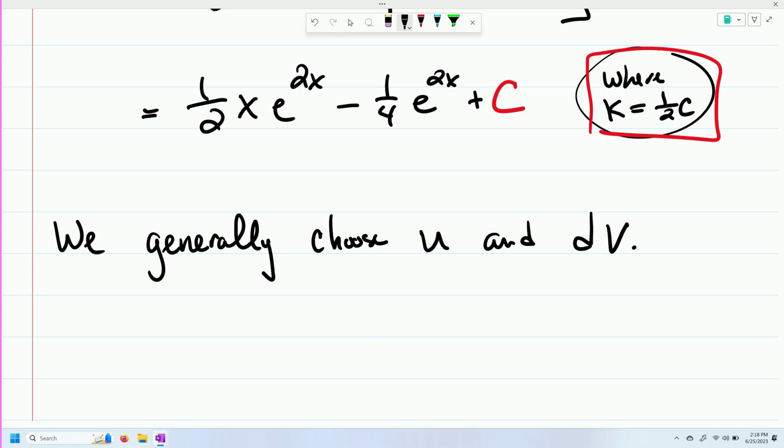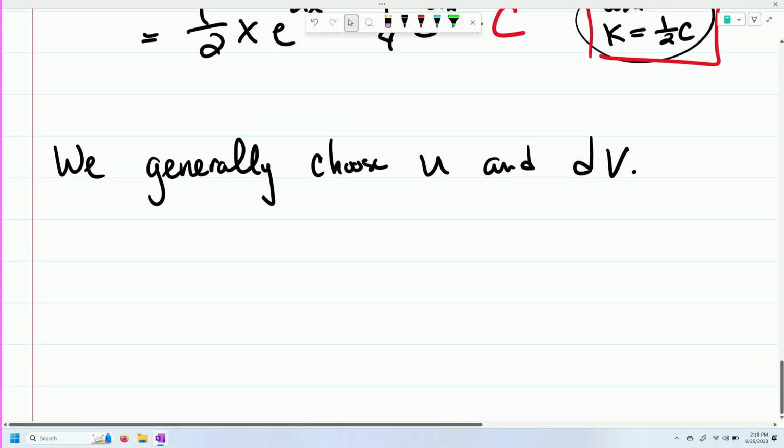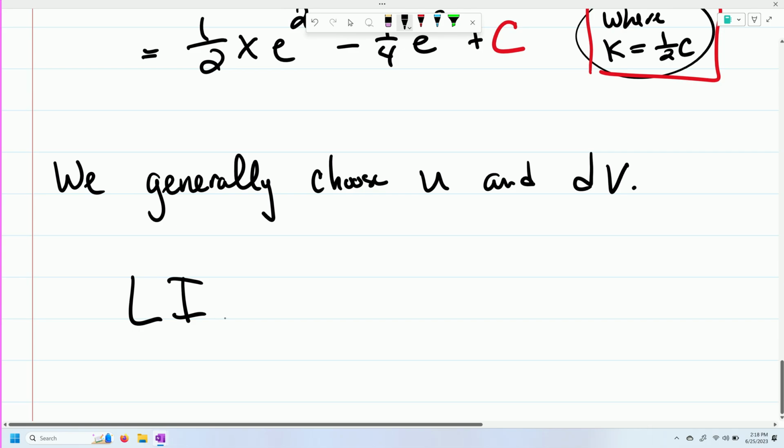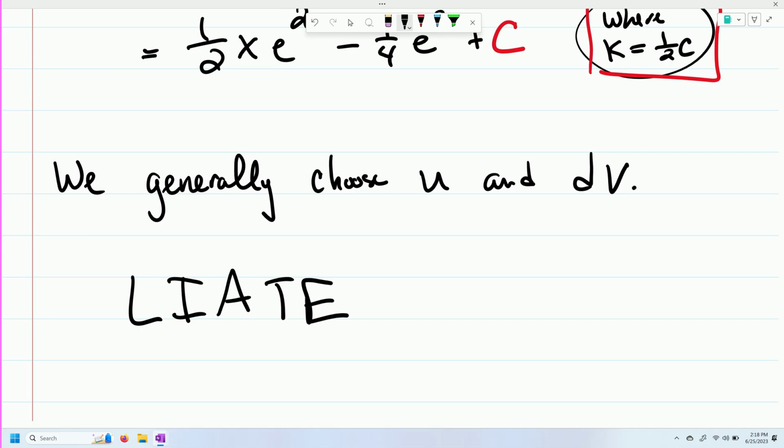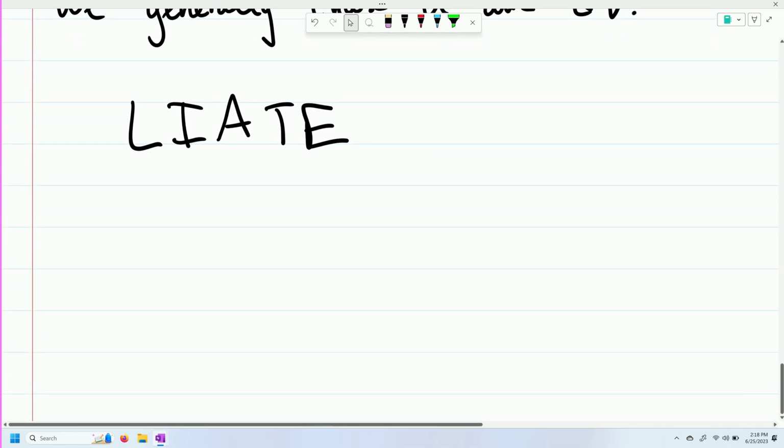The acronym that we're going to be using here is LIATE. I've heard some students call it one way and others another way. I don't care. It does not matter to me. What matters is that you know this. The acronym stands for the following.